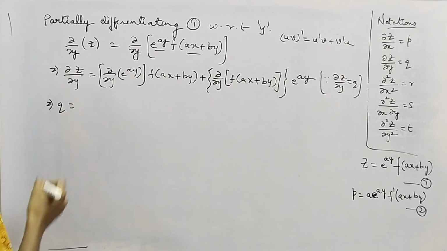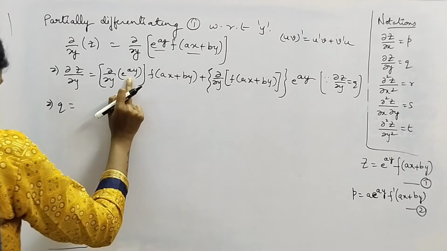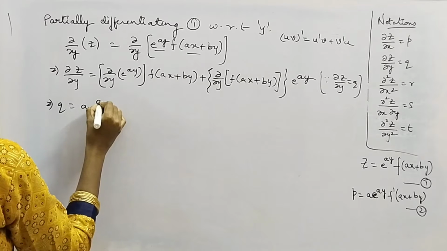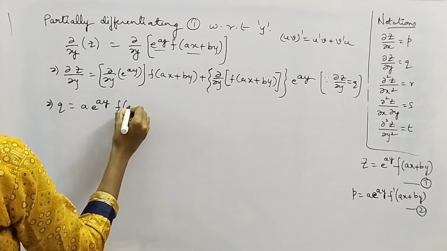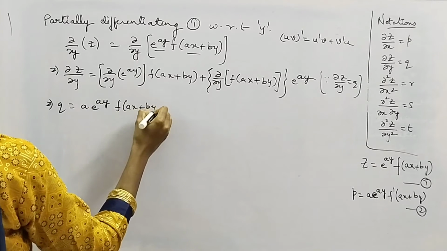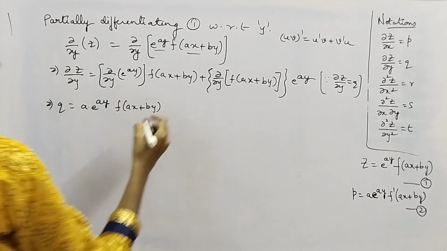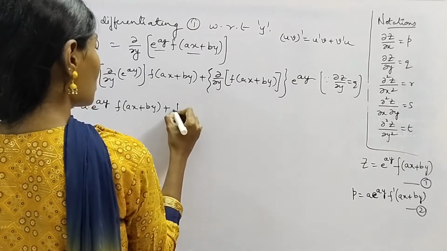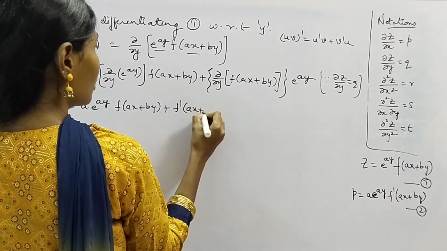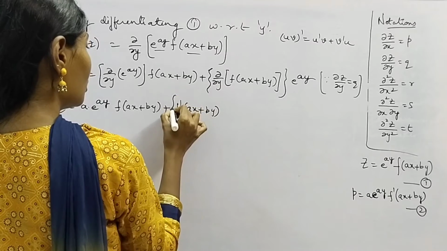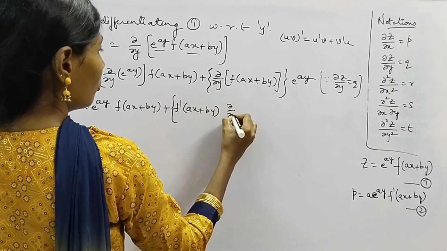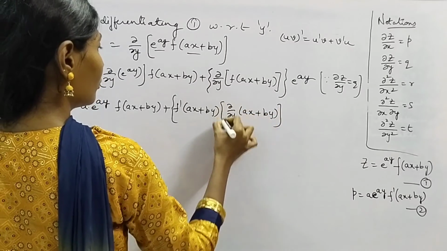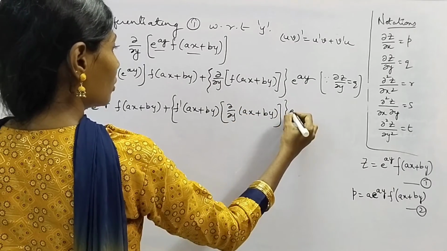We'll get q equal to the partial derivative of e power ay with respect to y, which is a into e power ay into f of ax plus by, right, plus the partial derivative of f of ax plus by with respect to y, which is f dash of ax plus by into the inner derivative, that is dou by dou y of ax plus by, into e power ay.